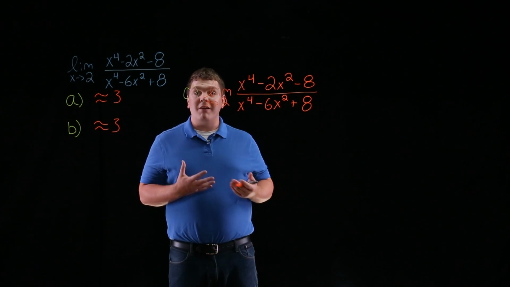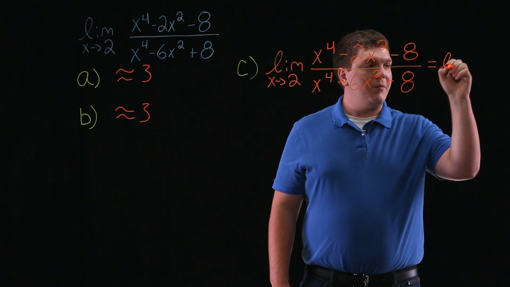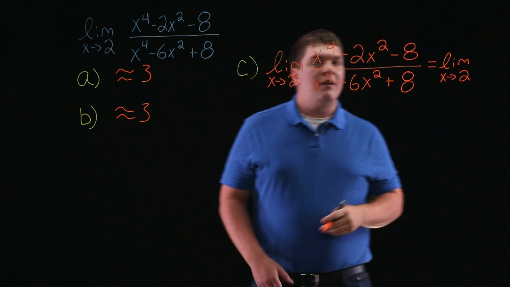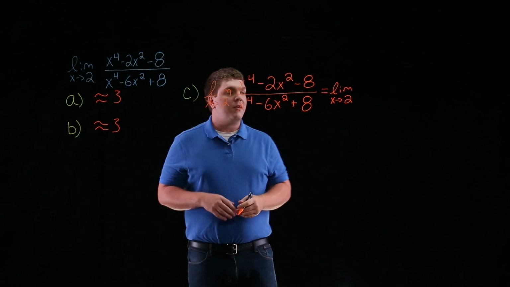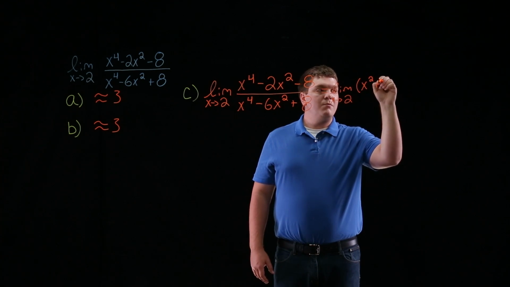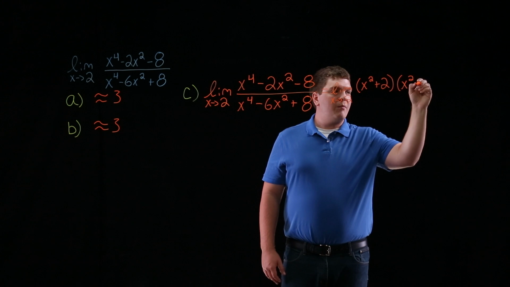However, we can begin by factoring and see if we can cancel anything. So this is equal to the limit as x approaches 2. If we factor the numerator, it factors into x squared plus 2 times x squared minus 4.